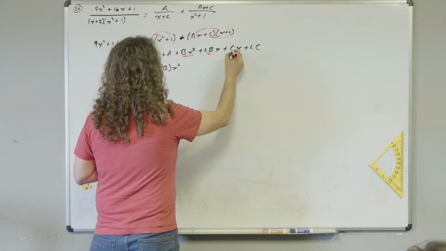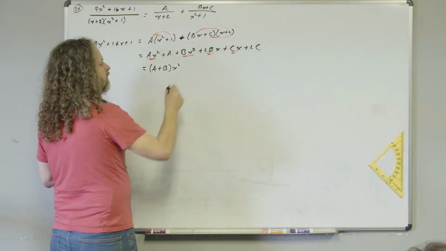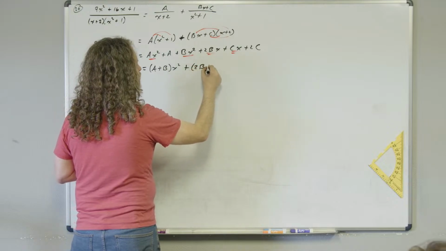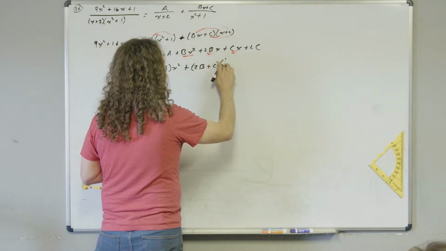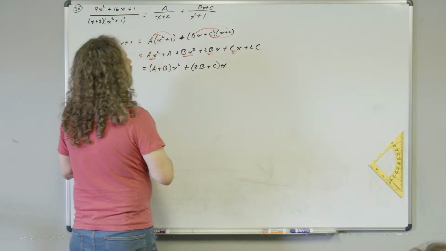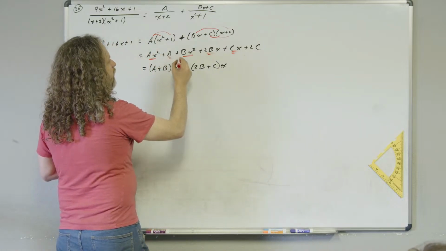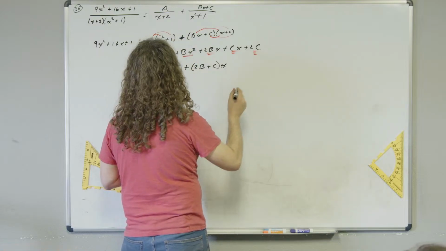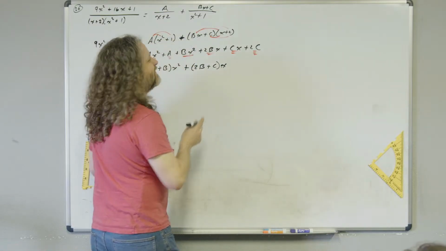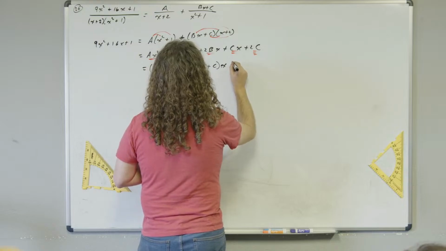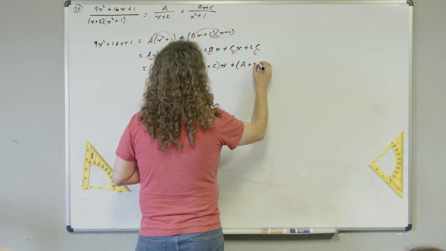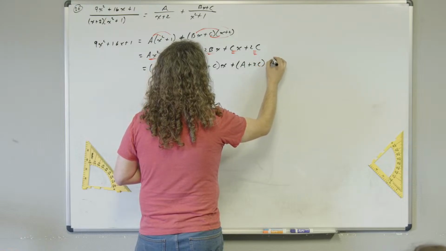X terms right there and right there. Plus the 2b plus c times x. And then finally the no x terms, x to the 0. Plus a plus 2c times x to the 0.